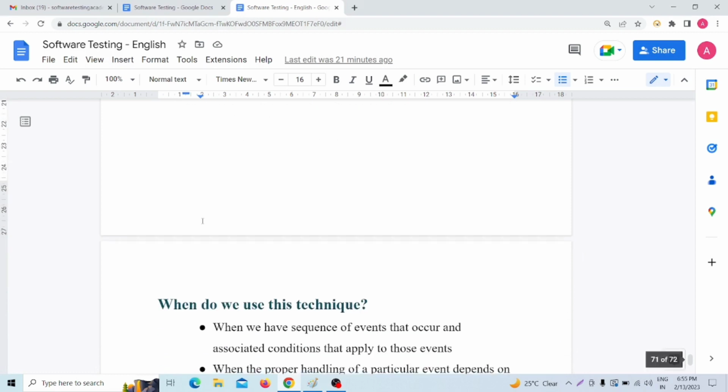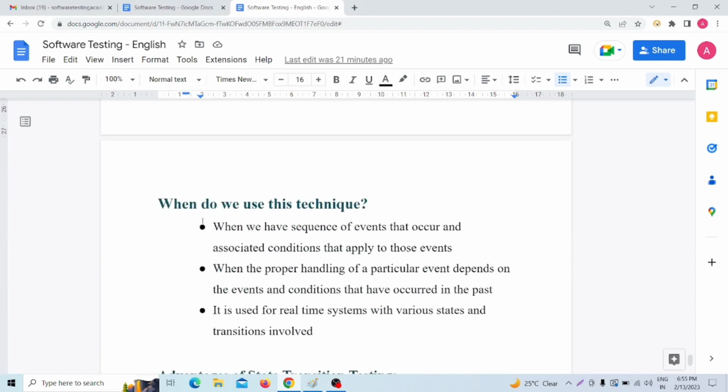Now go for the next one: when do we use this technique? When we have a sequence of events that occur and associated conditions that apply to those events, then we can use this technique.